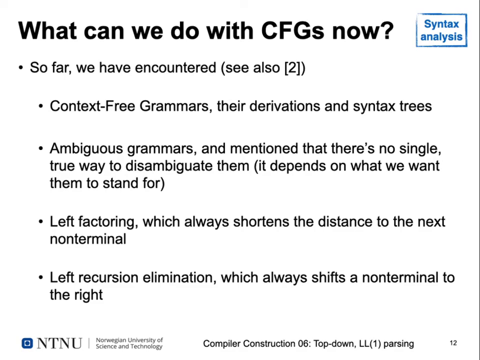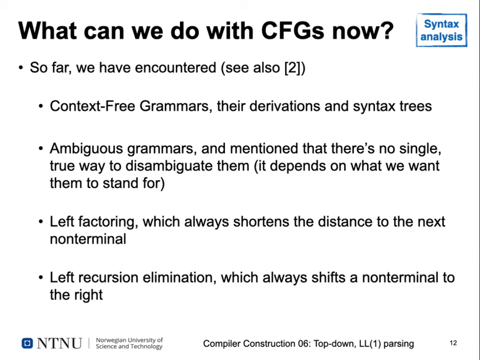So what can we do with all that we've learned so far? We've seen context-free grammars and how to derive these. We've seen how to construct syntax trees for context-free grammars. We've seen problems of ambiguous grammars, and we've mentioned there is no single true way to disambiguate them.